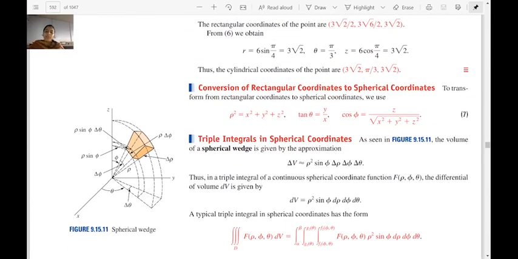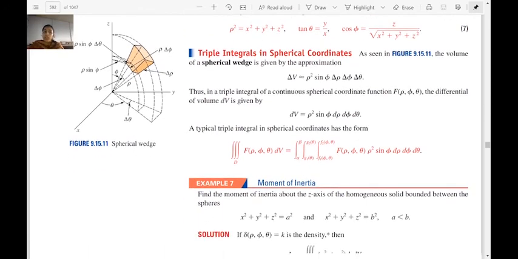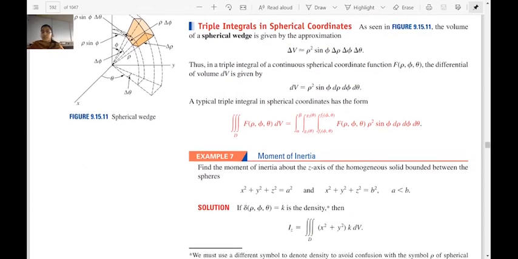Now we shall see how we can evaluate the triple integral with the help of spherical coordinates. In this case dV will be nothing but ρ² sin φ dρ dφ dθ.